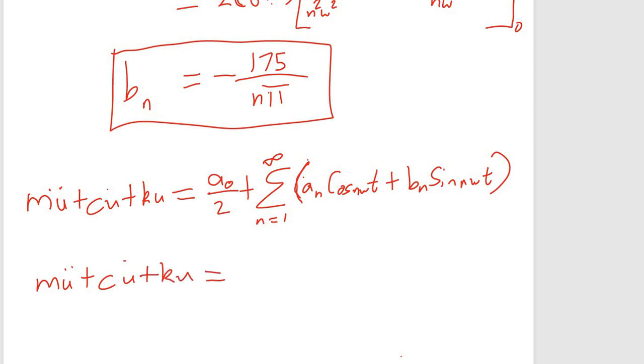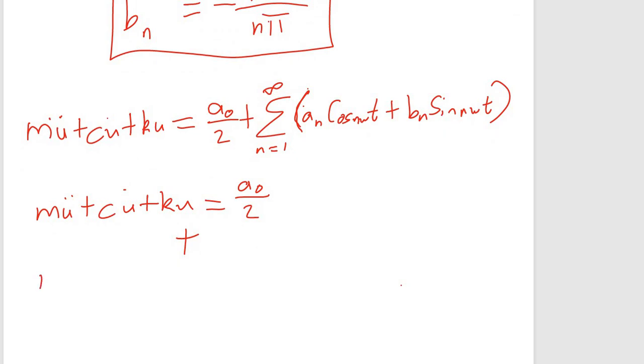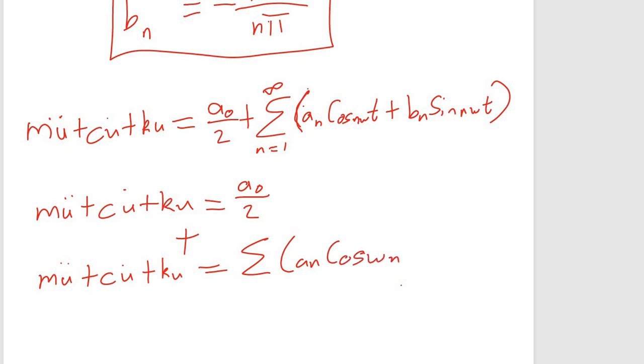So how about we find the individual solution for this expression plus the solution to this expression, which is mu double dot plus cu dot plus ku is equal to, the first one, the summation of an cos n omega t. Then that's the second one.